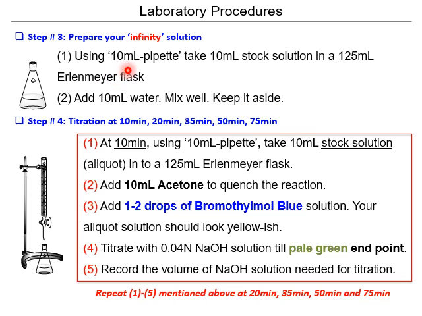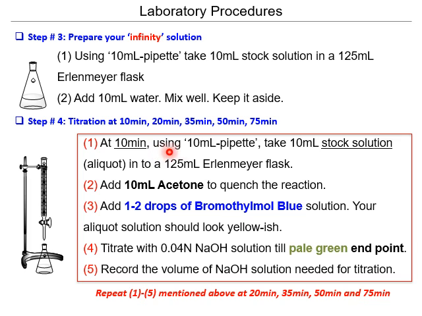So using your 10 ml pipette, you take 10 ml stock solution in a 125 milliliter Erlenmeyer flask. You add 10 milliliters of water and you mix well. And keep it aside. Again, you'll use it afterwards, after your titration of the stock solution.